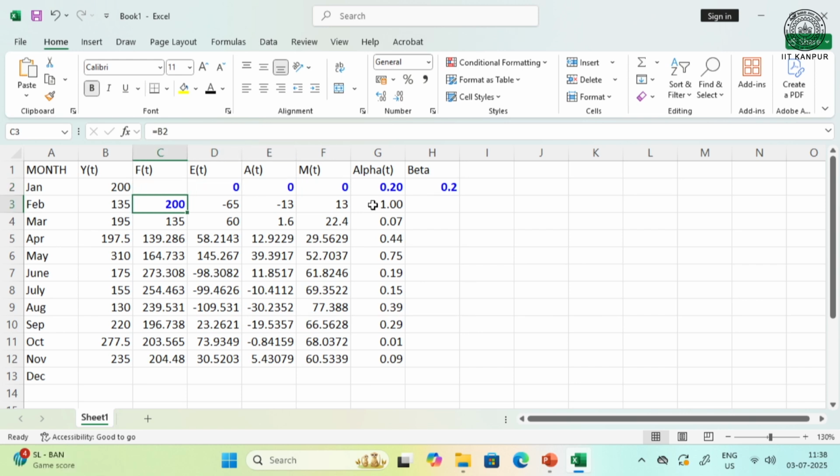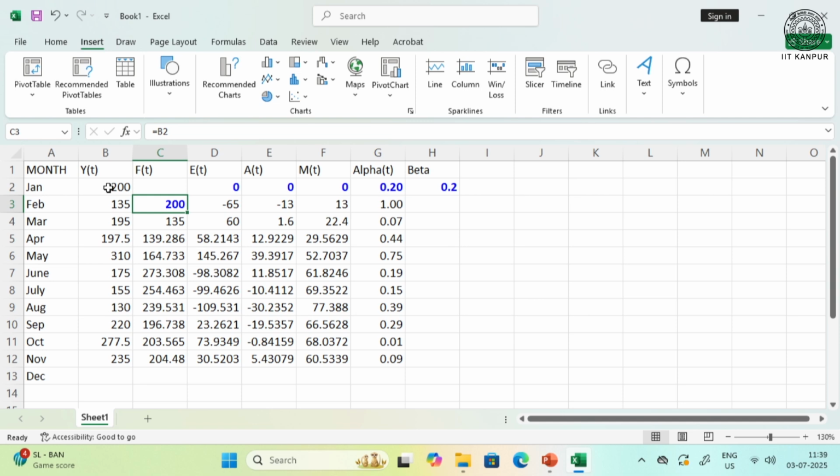First fact: the value of f 2, which is February, is equal to the y 1 value, which comes from January. The cell value of B 2 would basically be the cell value of C 3.